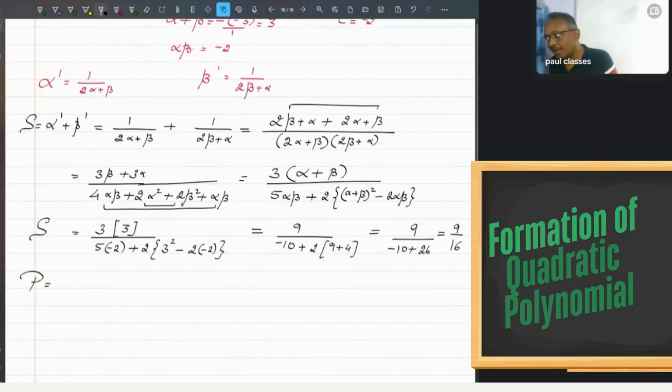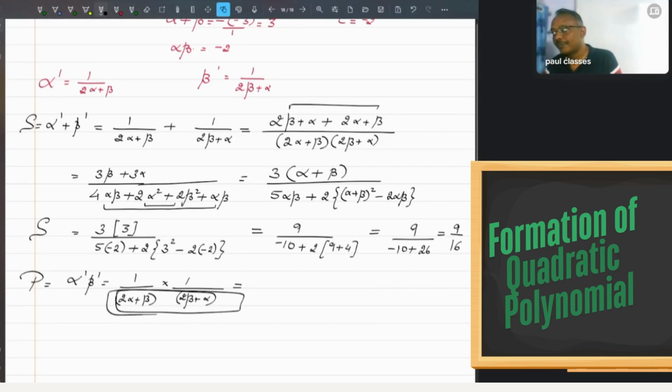P is the product of the new roots. ध्यान से देखना, एक बहुत अच्छा ट्रिक लगेगा। What is alpha dash का वैल्यू? 1 by 2 alpha plus beta. What is beta dash का वैल्यू? बेटा तो ध्यान से देख, ये दोनों का प्रोडक्ट कहीं तो लिखा है अपन ने। It is this.